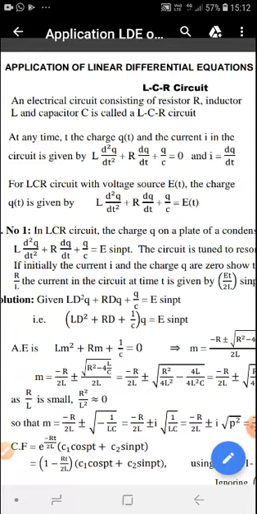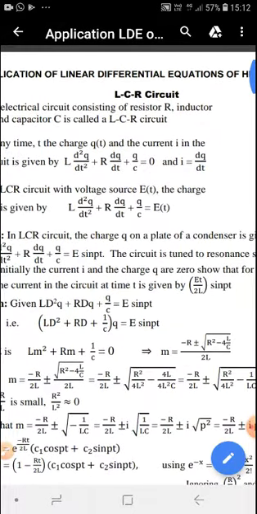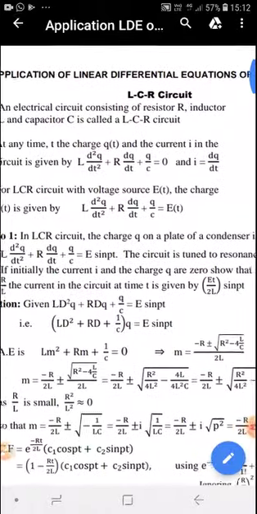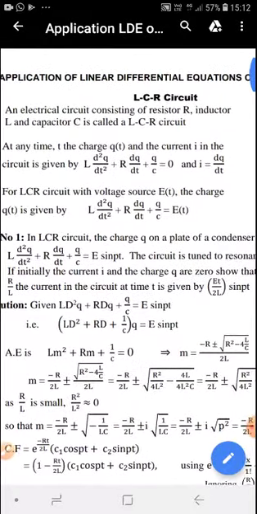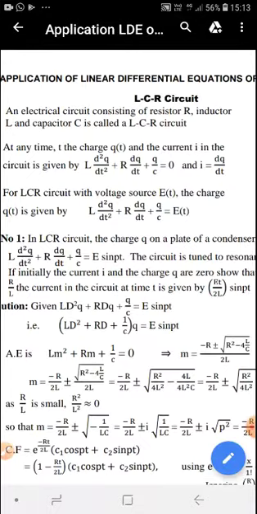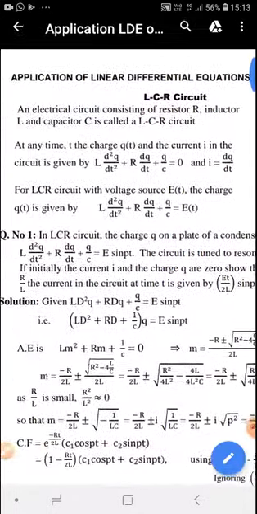So the first question, in LCR circuit, the charge q on a plate of condenser is given by L into d square q by dt square plus R into dq by dt plus q by c equal to E into sin pt. The circuit is tuned to resonance so that P square will be 1 by LC.